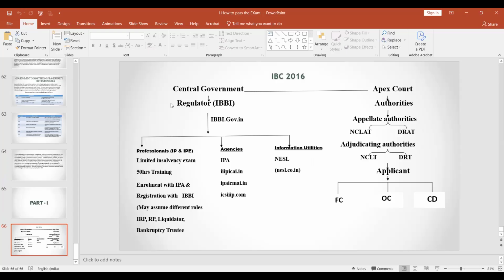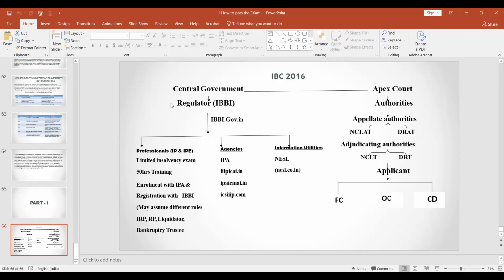And as of now, there are 3 insolvency professional agencies: IIPICI.in, IPAICMAI.in, and ICSIIP.com. These 3 agencies are basically promulgated by the 3 institutes: CA Institute, CS Institute, and CMA Institute. So any insolvency professional can be a member of either of these 3 agencies.